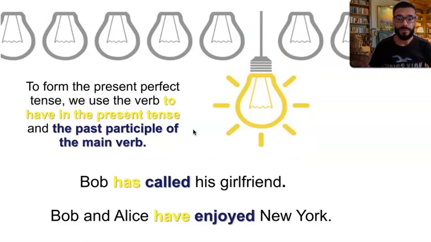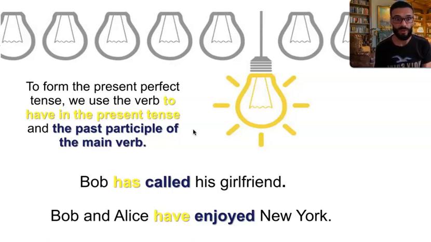To form the present perfect tense, we use the verb to have in the present and the past participle of the main verb. Bob has called his girlfriend. Look at the form of the verb have, has. It refers to the pronoun he. In this case, we use a name, Bob. Called his girlfriend. The verb call is used in its participle form.